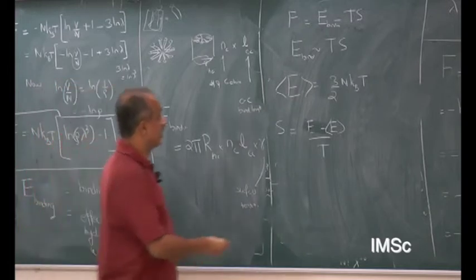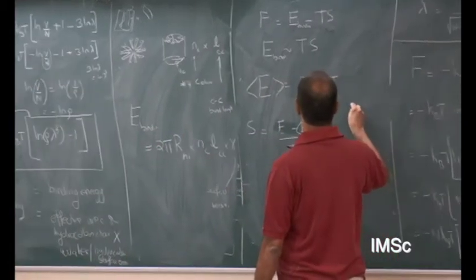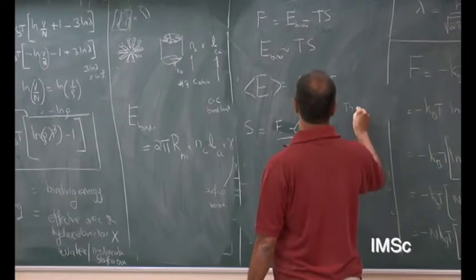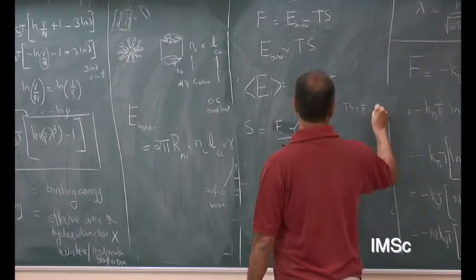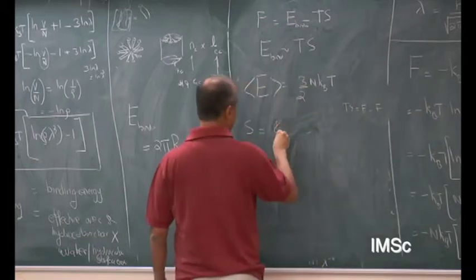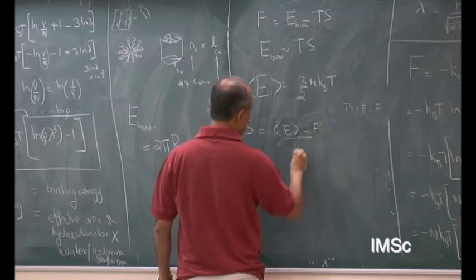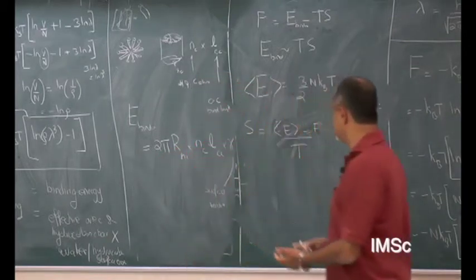Let me just check that. F is E minus Ts, so Ts is E minus F. Yeah, my mistake. This is average energy minus F divided by T is the entropy that I have.